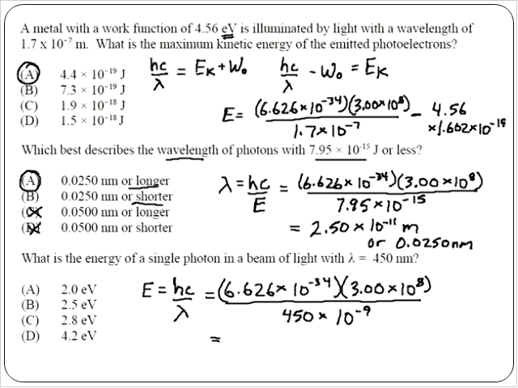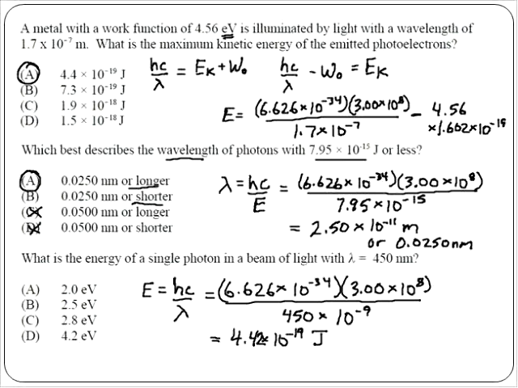And when I do that, I get this amount of energy. I get 4.4 times 10 to the power of negative 19. However, that's joules. You'll notice that all the answers there are given in electron volts. This is actually 4.42, by the way.